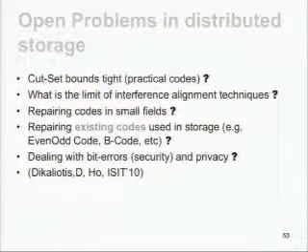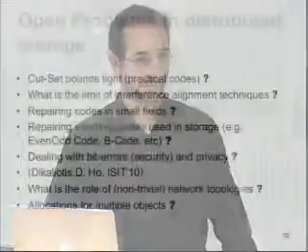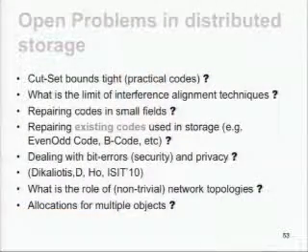There's a paper on security that appeared in ISIT. And finally, what is the role of non-trivial network topologies, as I mentioned? And last one, allocations, even if you have multiple objects, is the real problem, and it's highly non-trivial because even for one, we don't know what the optimal thing is. So I think I will stop here, and any questions will be welcome.